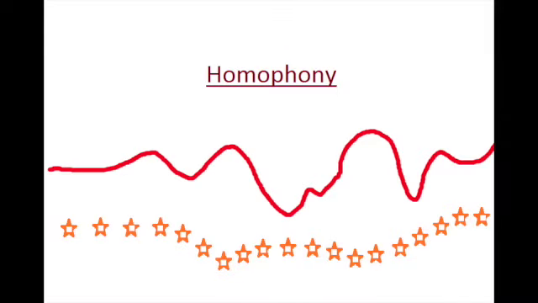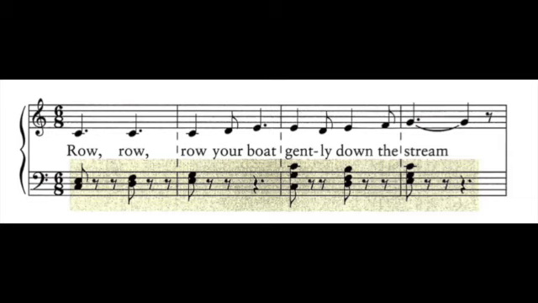Homophony. When there is only one melody of real interest and it's combined with other sounds, the texture is called homophonic. So homo meaning same, and phonic once again meaning sound.